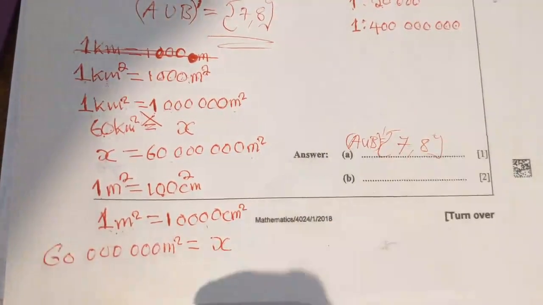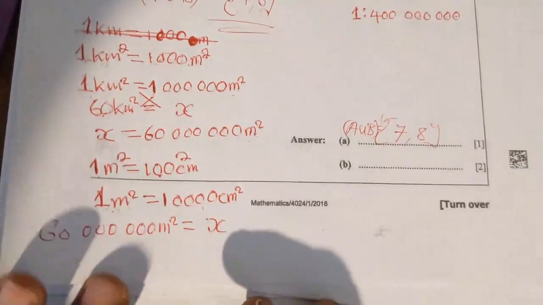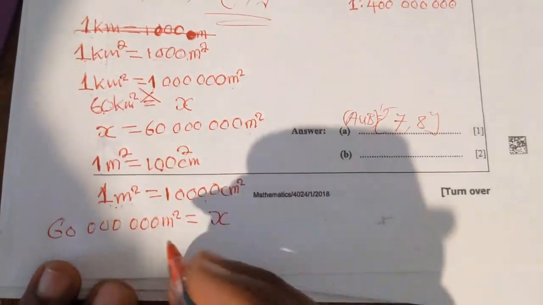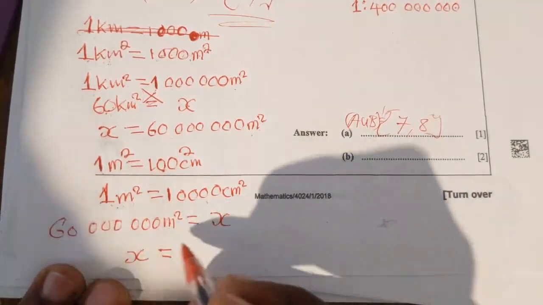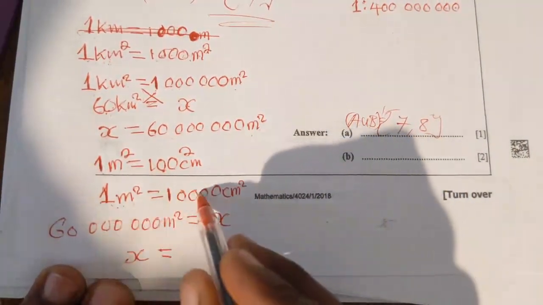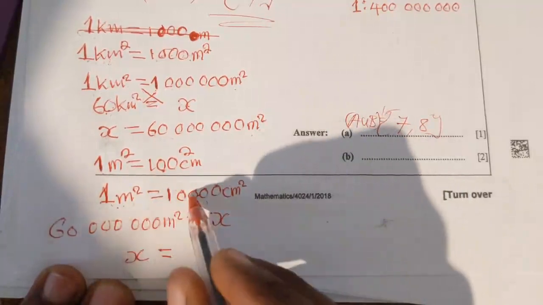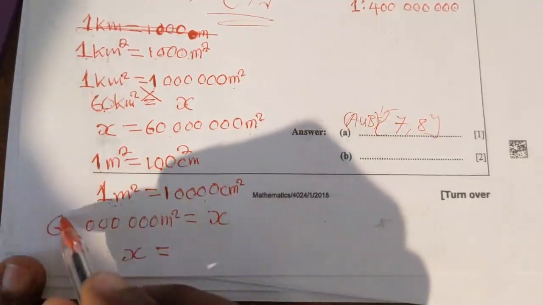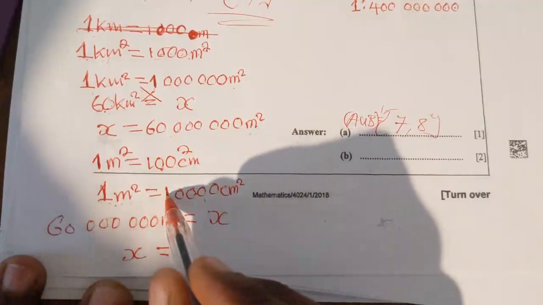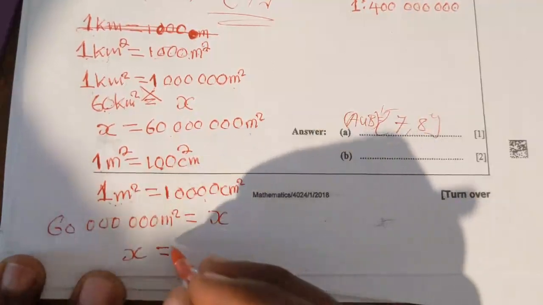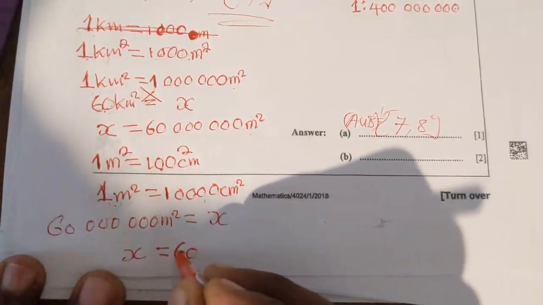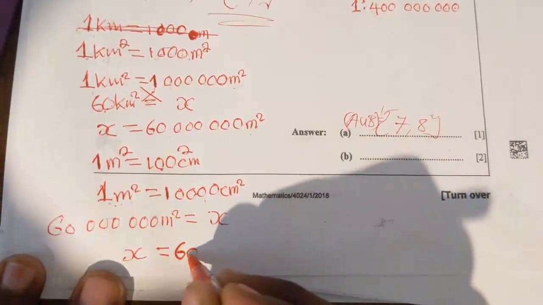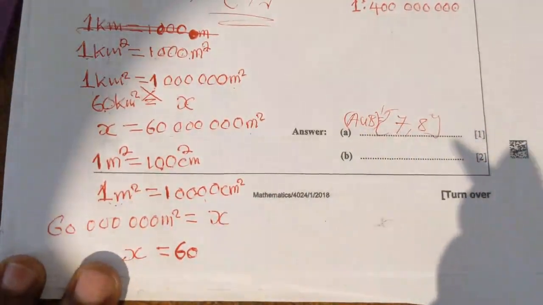How is it going to be in centimeters? So x is equal to this times that. You're multiplying 60 times 1, so it is just 60. This is the simplest method that I'm teaching you.